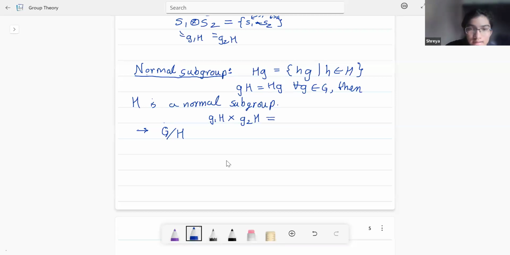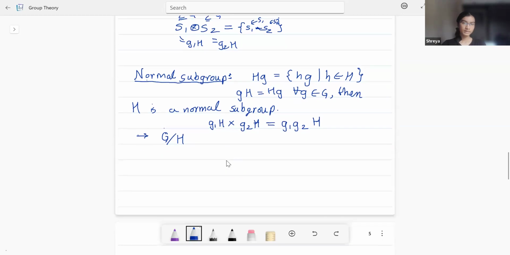In this case, if H is normal, then you can just directly do it with G1, G2 and H. This is also the pairwise product, because G1 times H is the equivalence class of G1, and similarly for G2. If you multiply them, you get the equivalence class of G1G2.